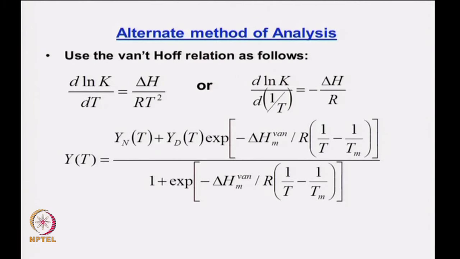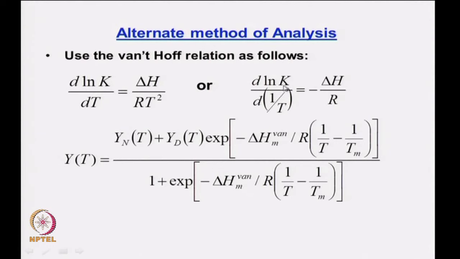Now what I can do is, remember I had this equation of Y in terms of Yn, Yd and K. So instead of putting the other equation of K, I put in this K, which gives me this expression.